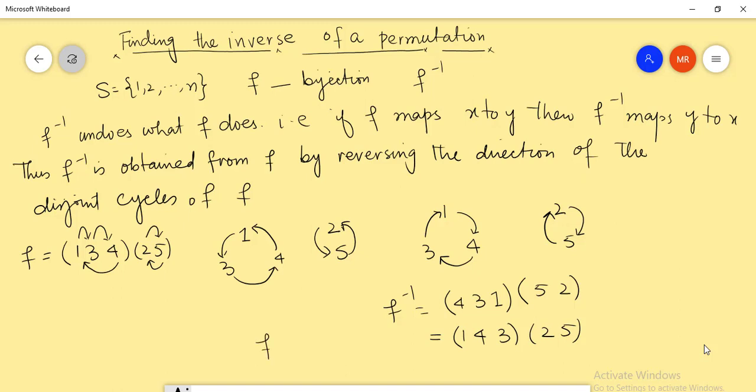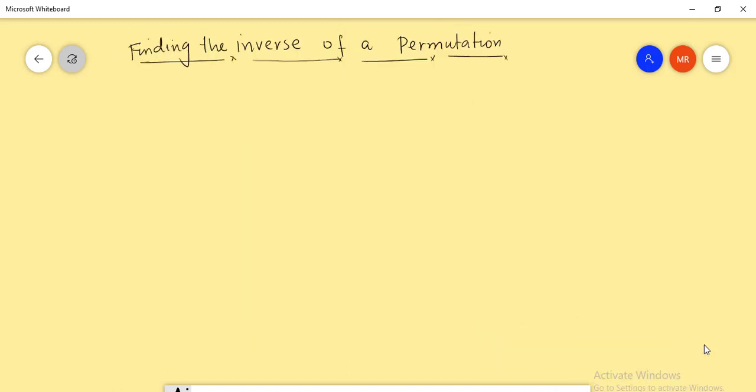And we can summarize this as follows. The summary is that, number 1, we reverse the order of the symbols in each cycle.